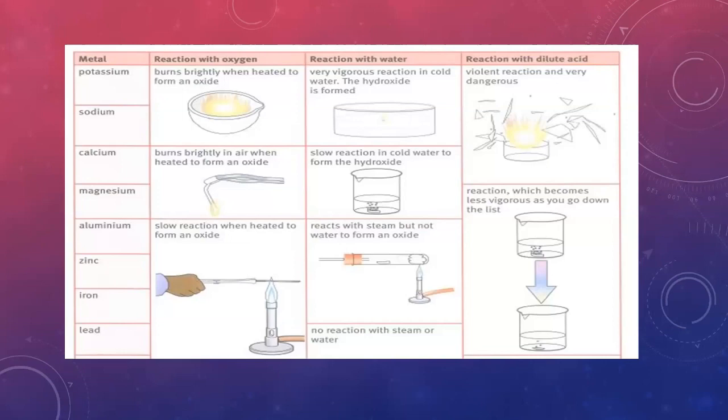What about the reaction between magnesium and the dilute acid?